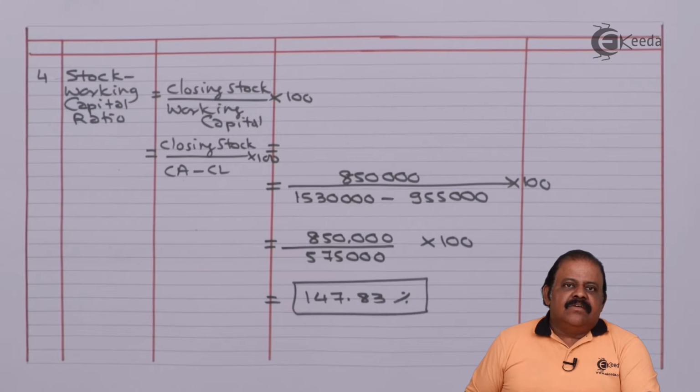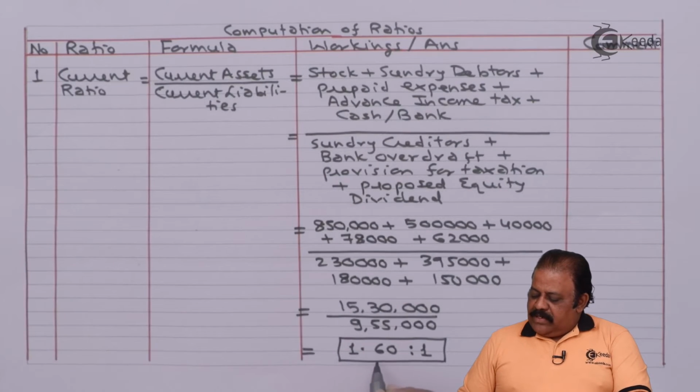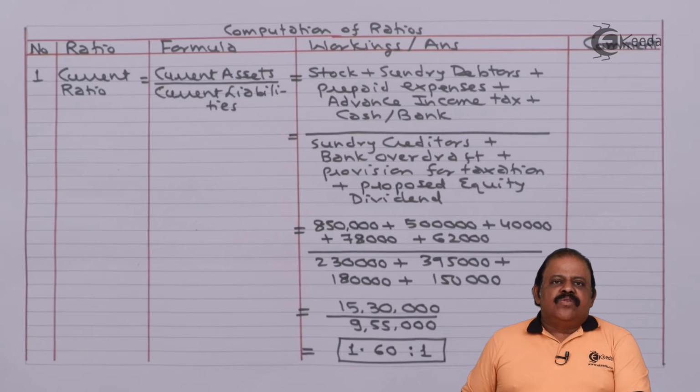Now let us go for commenting part of the question. First, current ratio 1.6:1. Standard current ratio is 2:1. So this company is not having satisfactory current ratio.